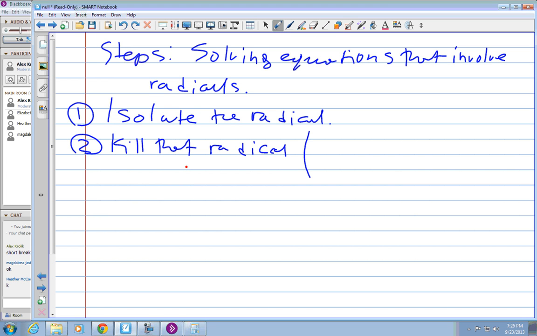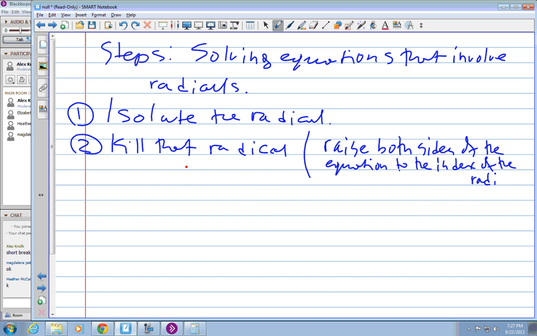So again, the square root, square both sides, cube root, cube both sides, and so forth.